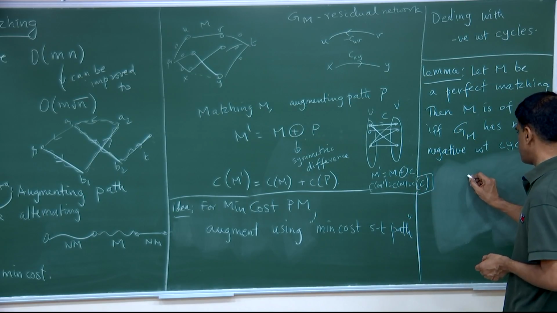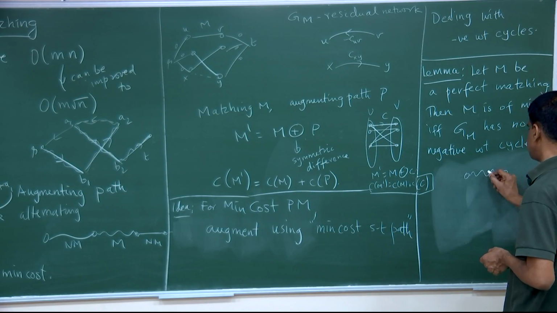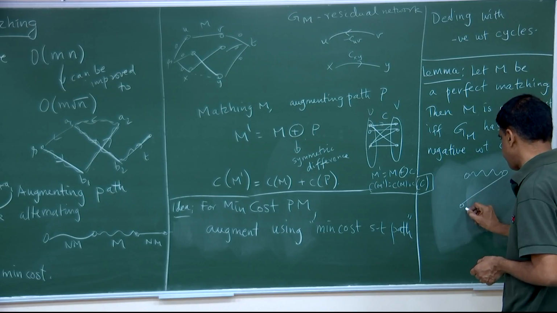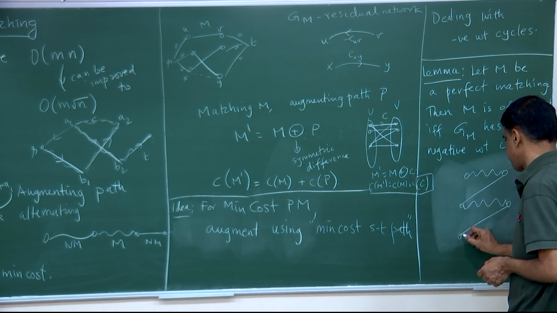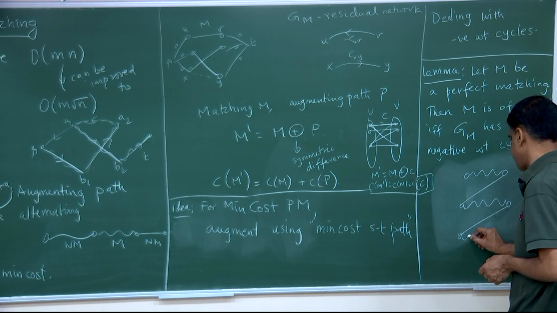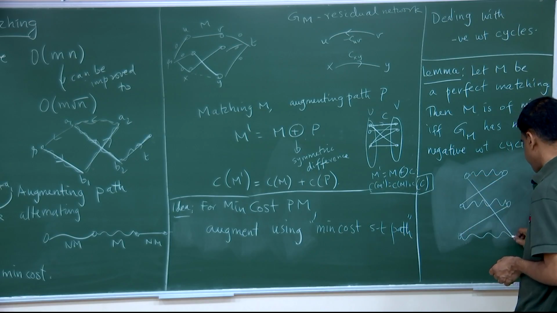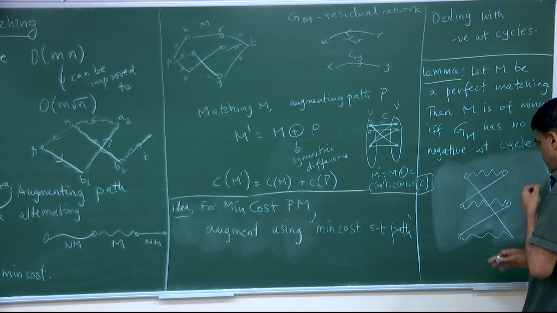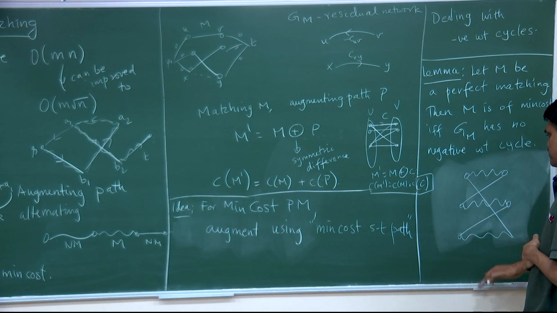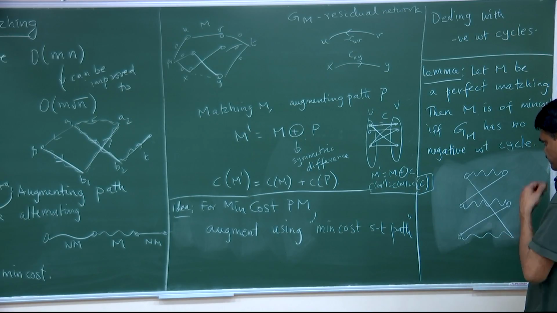So for example, suppose this edge means matching. If I have that kind of a cycle, then I take these 3 edges, and that cost would be smaller than the cost of the original matching. Keep the remaining edges of the matching for the other vertices.